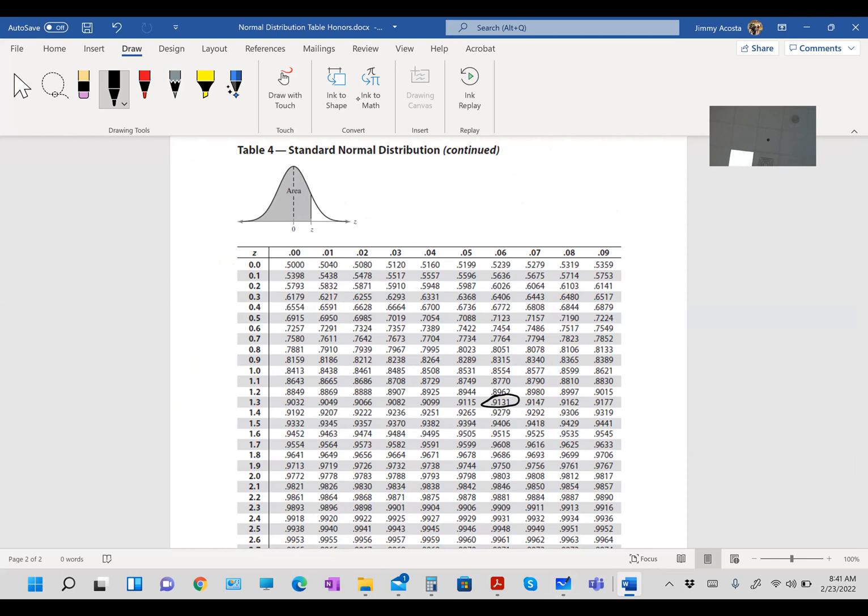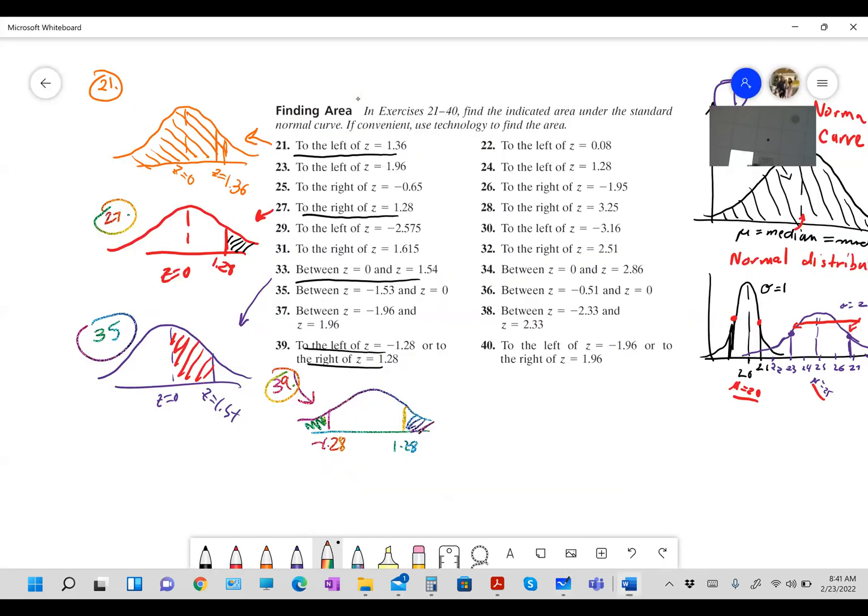If you go to your table, 1.30, 31, 32, 33, 34, 35, 36, 0.9131, as you can see on the board. And so you just write here 0.9131, and that's how you get that answer. Not a lot of math going on here.